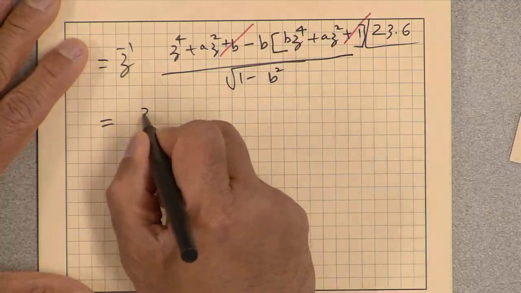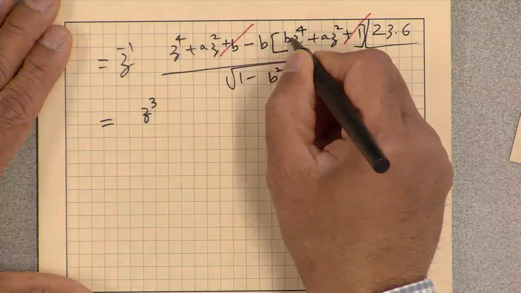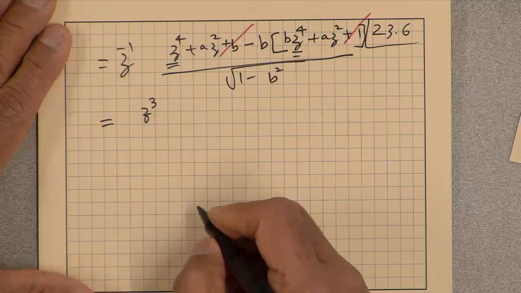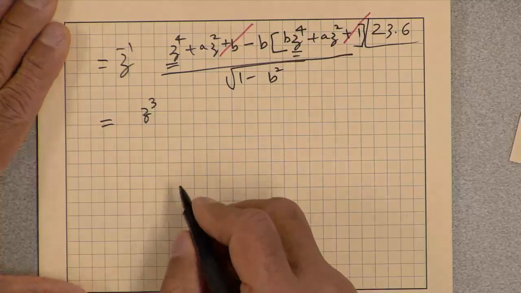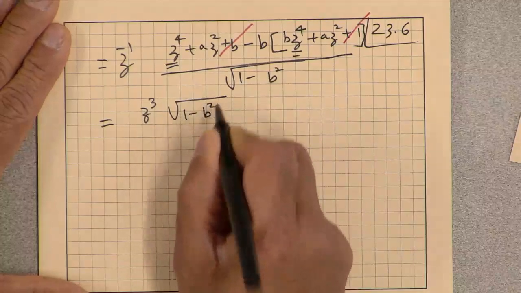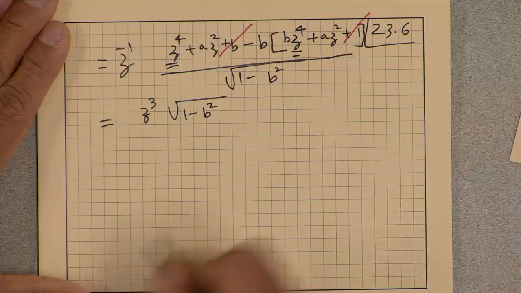Okay, so this is z cube times 1 minus b squared, so these two terms grouped together, 1 minus b squared divided by square root of 1 minus b squared, so that just becomes square root of 1 minus b squared.